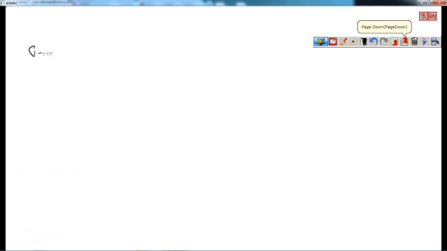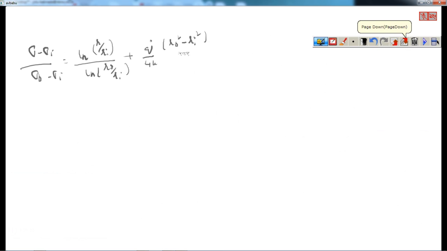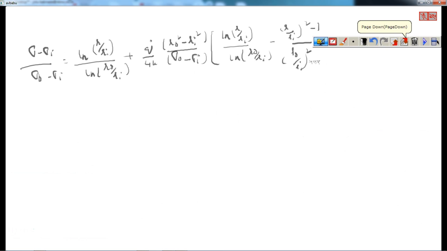T minus Ti by T0 minus Ti equals ln r by ri divided by ln r0 by ri plus q dot by 4k into ro square minus ri square divided by T0 minus Ti into ln r by ri by ln ro by ri minus r by ri whole square minus 1 divided by ro by ri whole square minus 1. Okay, this is the temperature distribution.